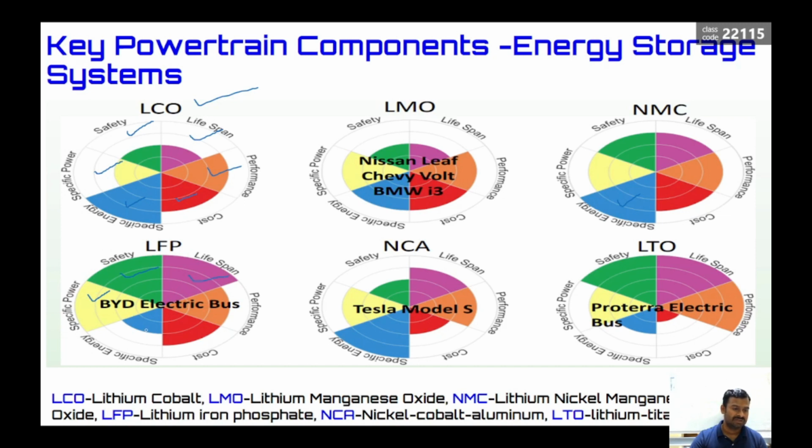The specific energy is very low here, cost is moderate, and performance is also moderate. And the Tesla model uses NCA, nickel cobalt aluminum. You can see the specific energy and lifespan are good, and performance is also better. The remaining things are in the average range.